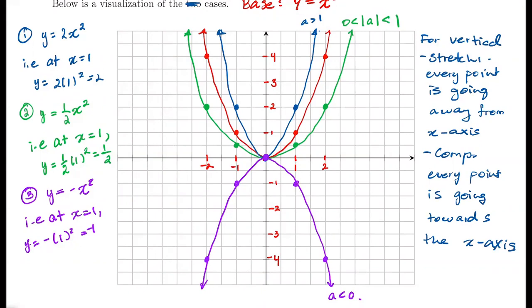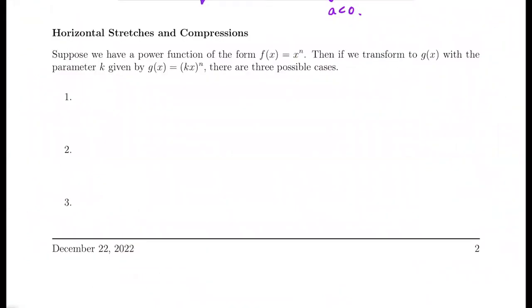Now let's have a look at what happens when you have horizontal stretches and compressions in the transformations. So suppose we're given the power function like usual, f of x is equal to x to the n. Then if we transform f of x to g of x with the parameter k, where k is the parameter that represents the horizontal stretches and compressions, we're going to have three possible cases as well.